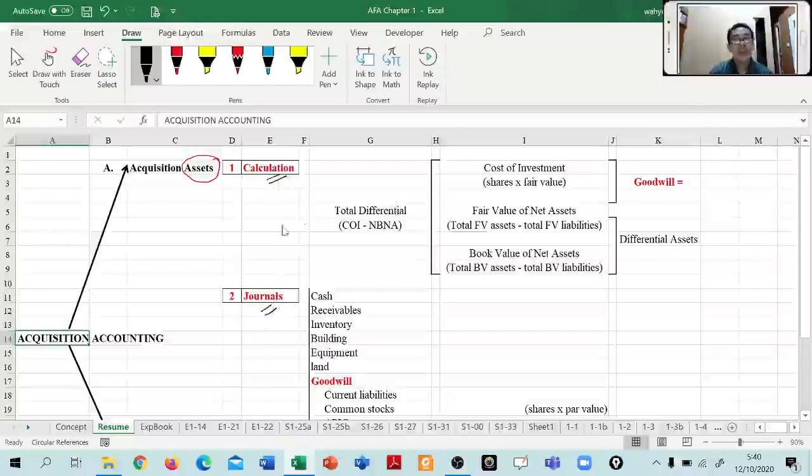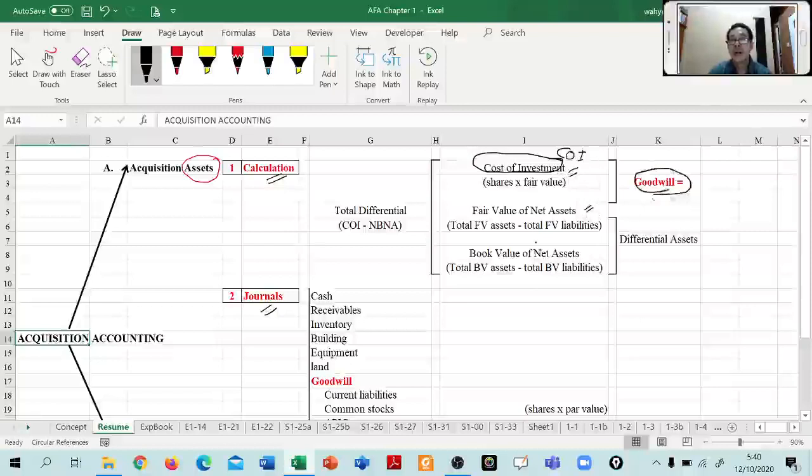If you make a calculation, you have to calculate the cost of investment, and then second is fair value of net asset and book value of net asset. The difference between cost of investment and fair value of net asset we call goodwill.